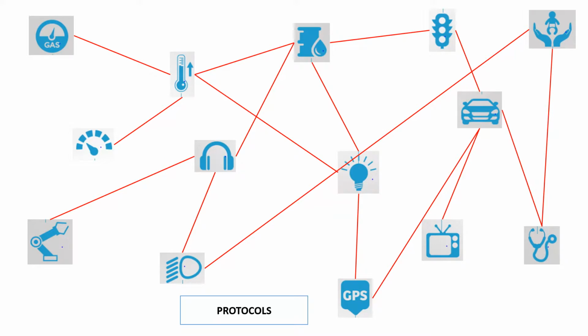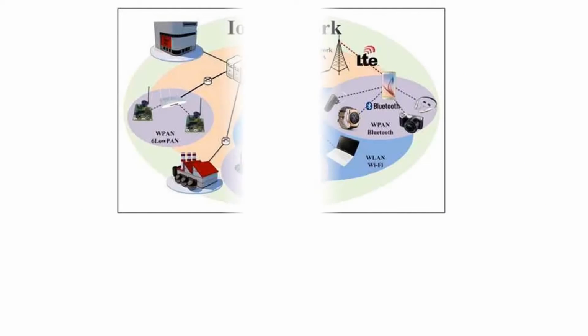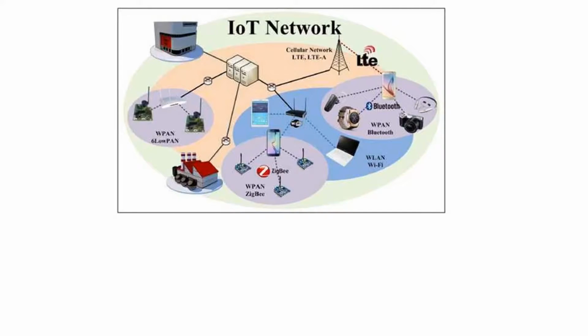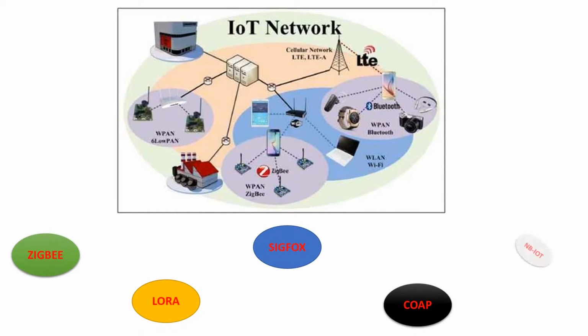So, protocols play an important role in the success of connecting these billions of devices around us in a reliable and secure way, with minimum costs of production and deployment along with longer battery life. Thus, protocols are an interesting area to explore in the domain of Internet of Things.